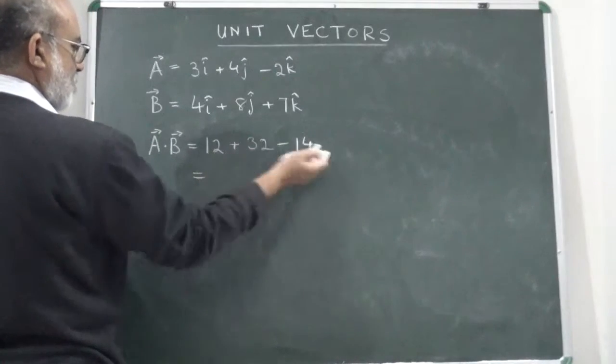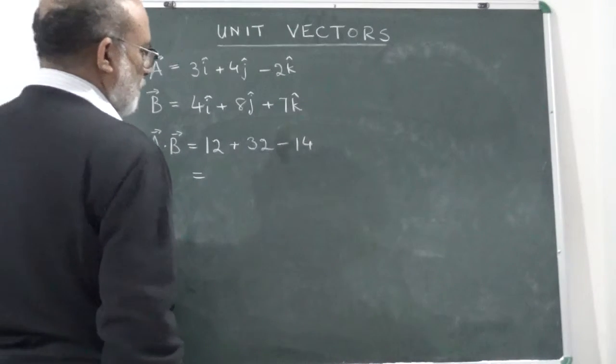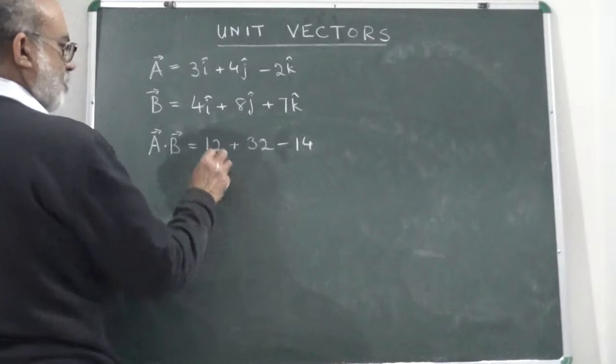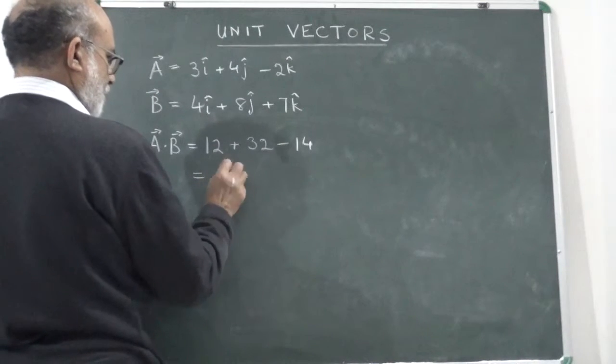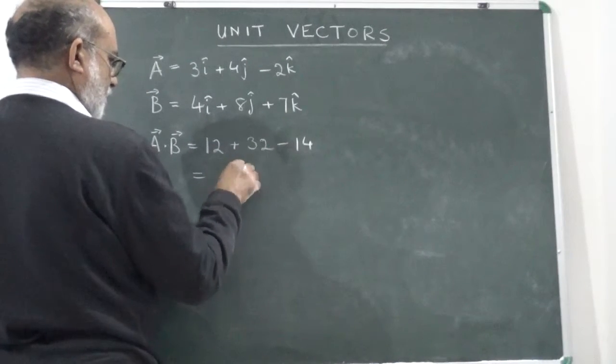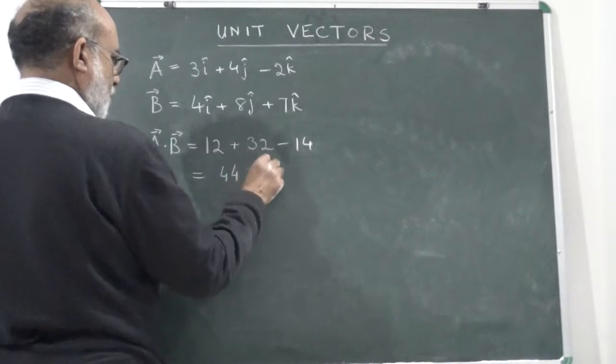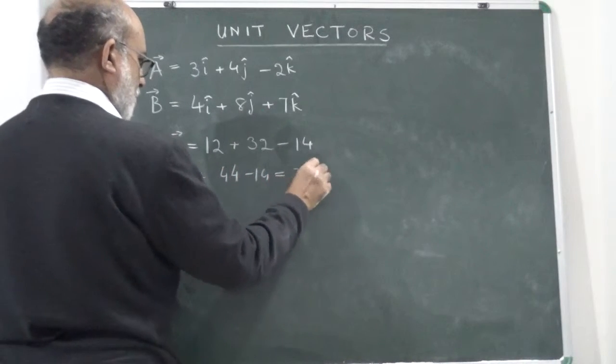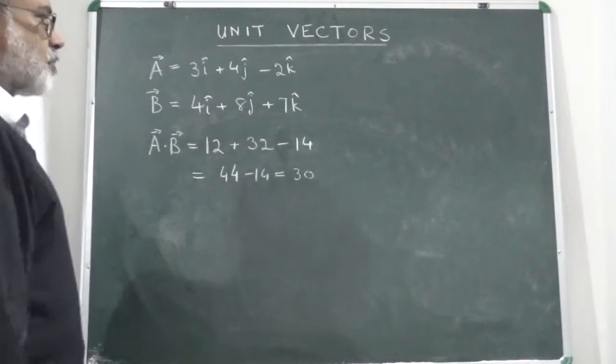So the answer is 12 plus 32 minus 14, that is 30.